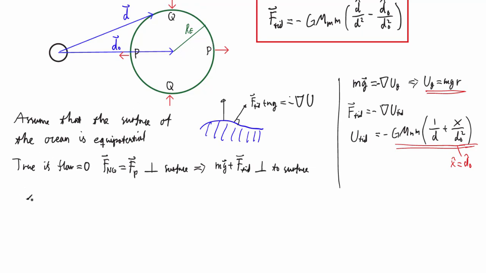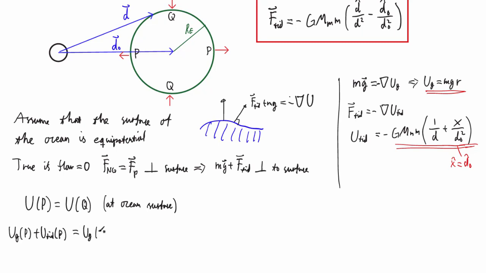Therefore, we can say that the potential at point P at the surface of the ocean is equal to the potential at point Q. And the potential here is U tide plus U gravity. So we can write it out explicitly: U gravity at P plus U tide at P equals U gravity at Q plus U tide at Q. And we'll rewrite that.